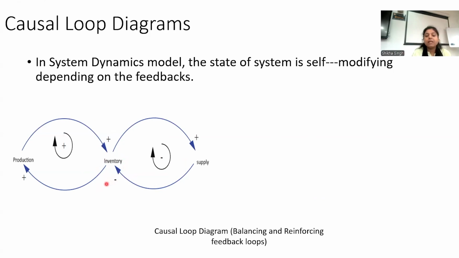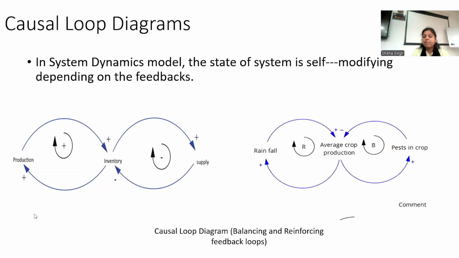Okay. Then the next example, you see, again the same example I've just combined, and instead of plus and minus signs, I have written R and B. So you see, rainfall is impacting the crop production. Crop production is increasing the rainfall, right? And at the same time, the more the crop production, the more the pest.